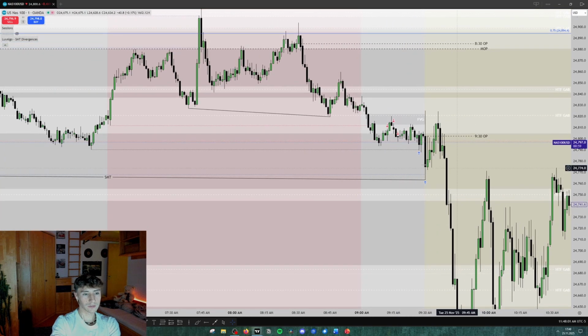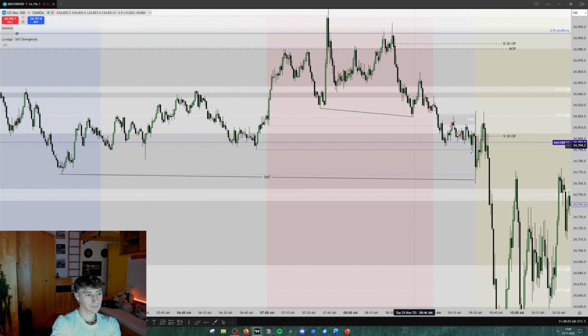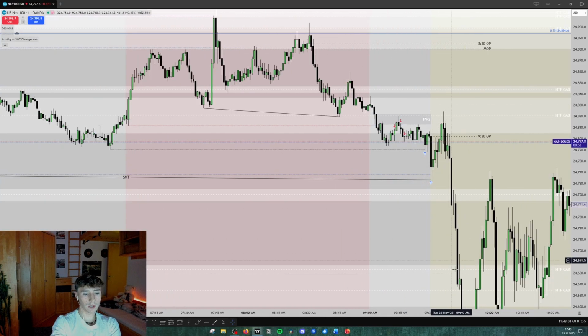And that's not my trading approach. I don't want to gamble the opening, even if I was completely right about my expectation for price.